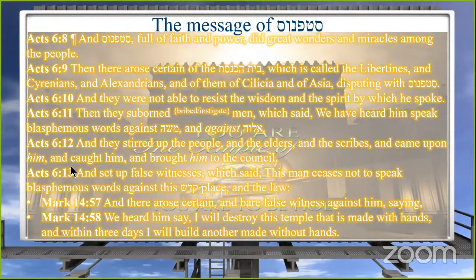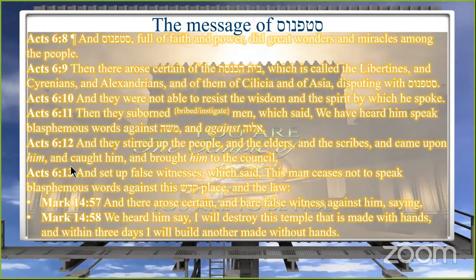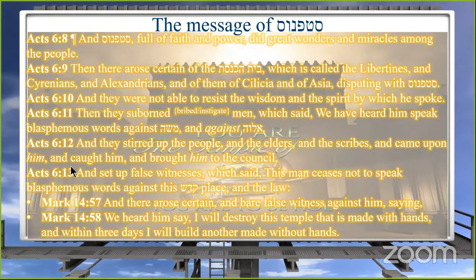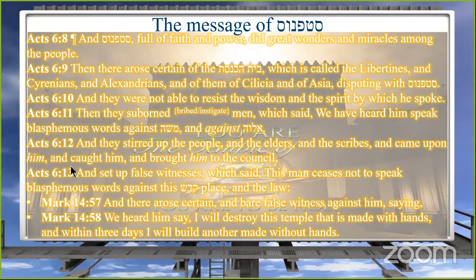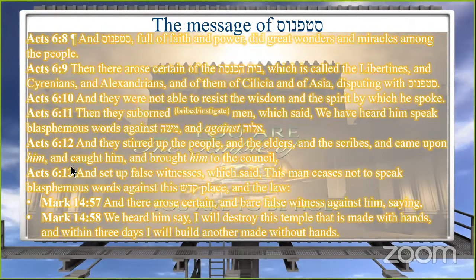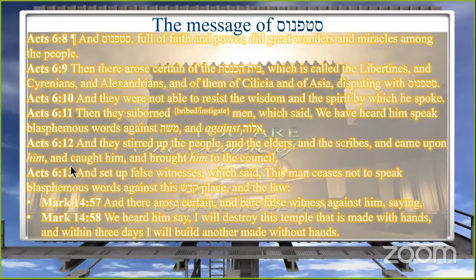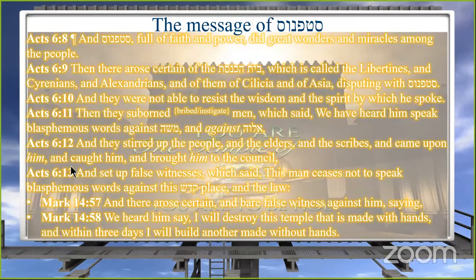And there arose certain ones who bear false witness against him, saying, we heard him say, I will destroy this temple that is made with hands, and within 3 days I will build another made without hands. That's what I said. This is going to be very important for next week, how this made with hands and without hands work.